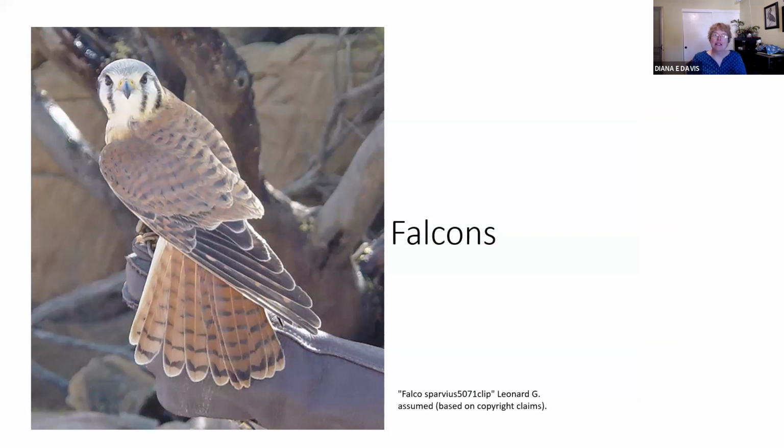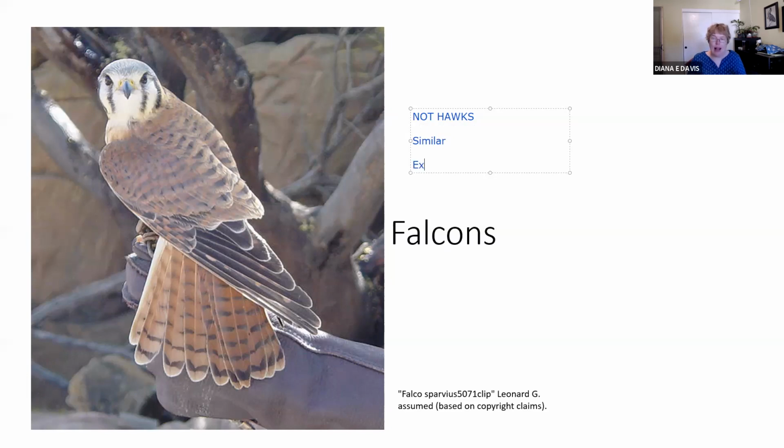Okay, now falcons. A lot of people would put these in the same group as hawks. Falcons are not hawks, but they are similar. What is different about them?